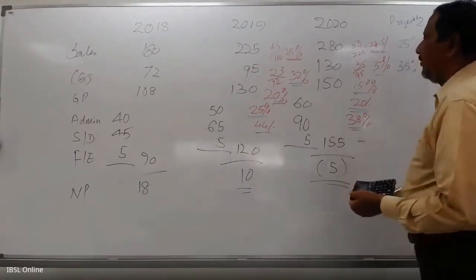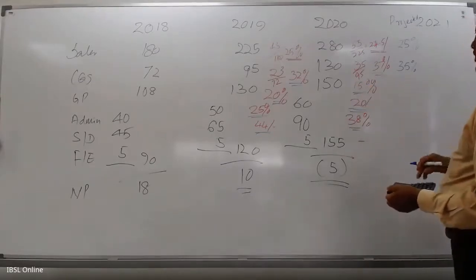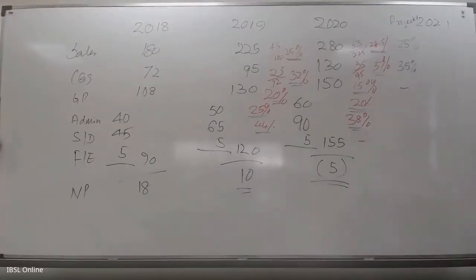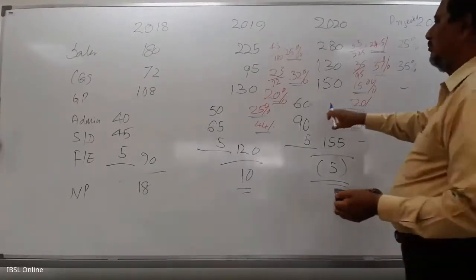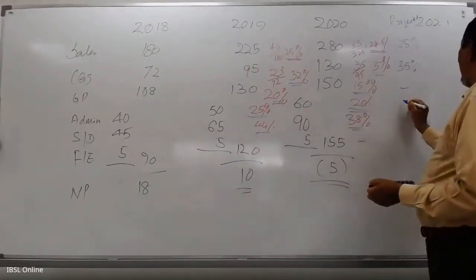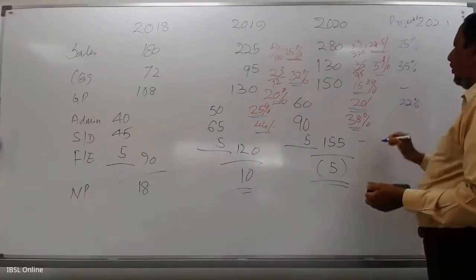Very low figure. And gross profit margin, it is not necessary, you can calculate the difference. Then 25, 20, 22.5, that is 22.5, you get 22, 23.